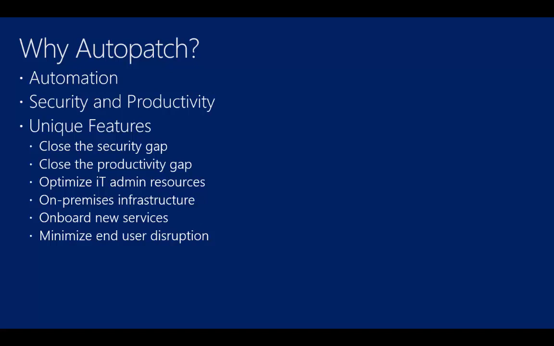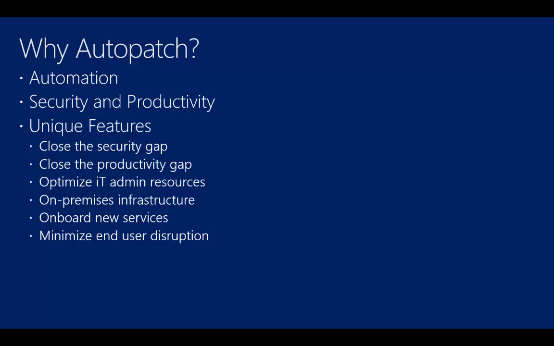So if you're using, for example, Configuration Manager today, there's manual steps that have to be done along the way. If you're using Windows Update for Business by itself, there is more automation already natively with Windows Update for Business than there is with software updating in Configuration Manager, but still not the coordination that you see with Autopatch.